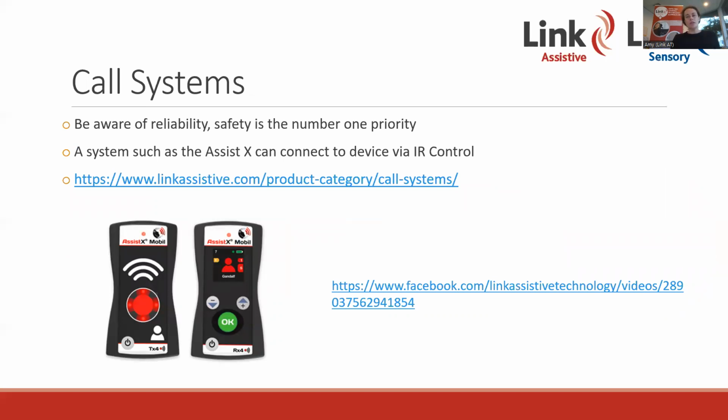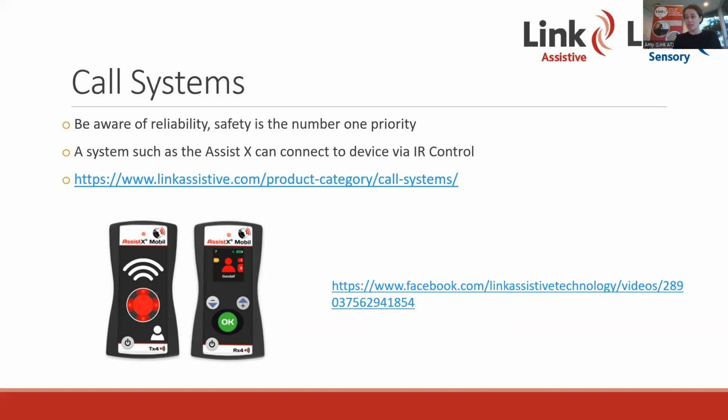We can also connect to some call systems. I'm just going to quickly mention the Assist X. This system can be connected via infrared. So we can connect to a call system. That way, there's a patient unit, their device talks to that, and that sends an alert to the carer unit.